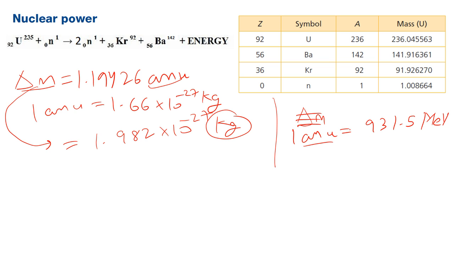So this is not actually equal, but corresponding, because 1 AMU of mass can generate this much energy. This is not exactly equal, it is analogous. 1 AMU is analogous to 931.5 mega electron volts. I'm getting 1.846 times 10 to the power minus 24.